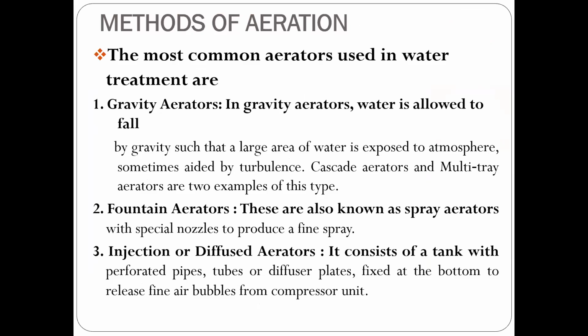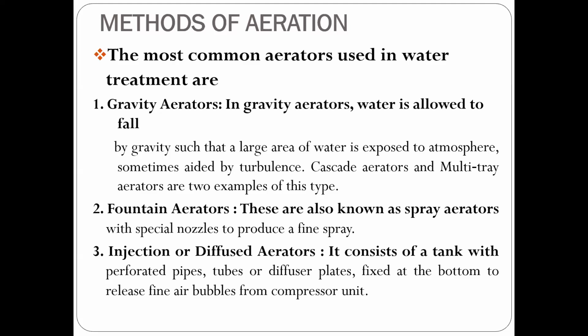Broadly, the methods of aeration are gravity aerators, fountain aerators, diffused aerators, and likewise. So what is a gravity aerator? One major type is the cascade aerator. By gravity, a large area of water is exposed to the atmosphere.